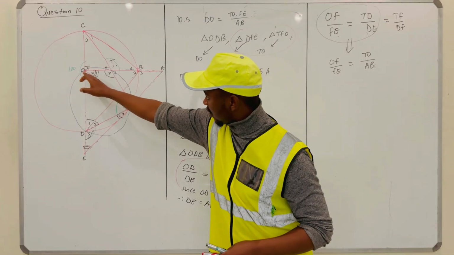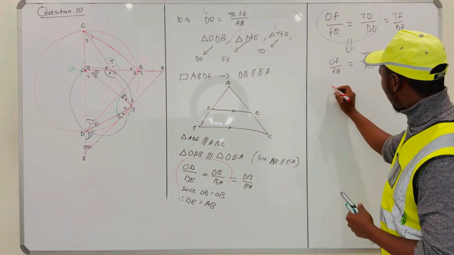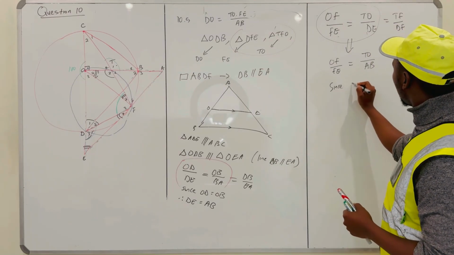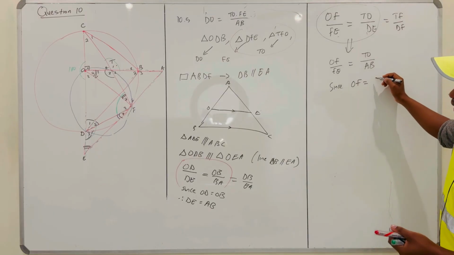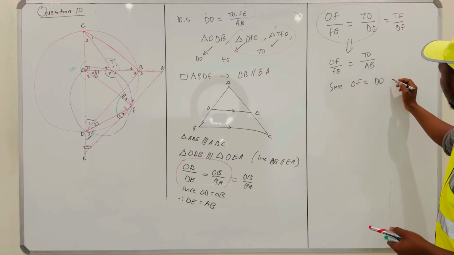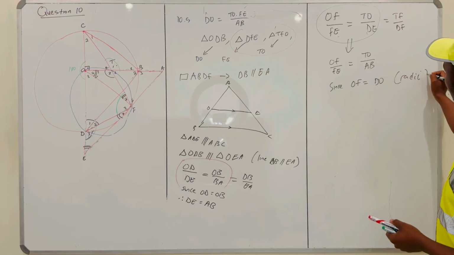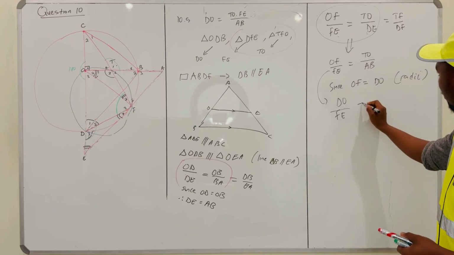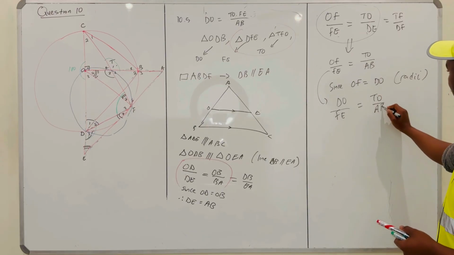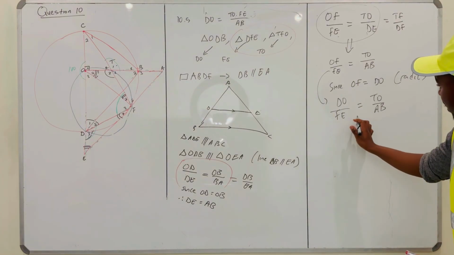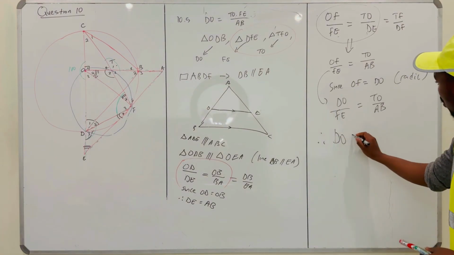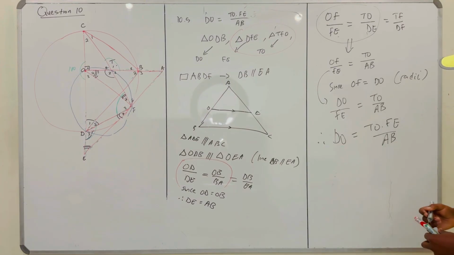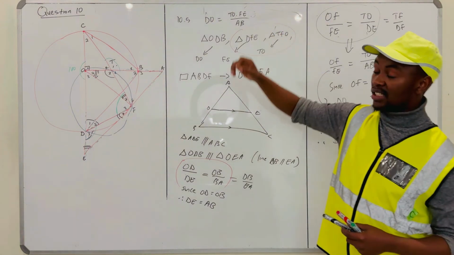OF starts from the center to the circumference. Since OF is equal to DO, these are radii. We can then say here, DO over FE equals TO over AB. And to make DO the subject of the formula here, just multiply by FE both sides. Therefore, DO is equal to TO times FE over AB. We have proven that expression there.